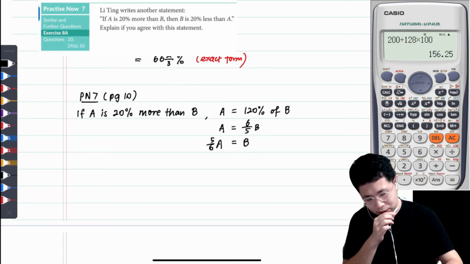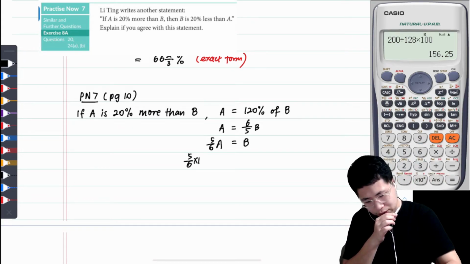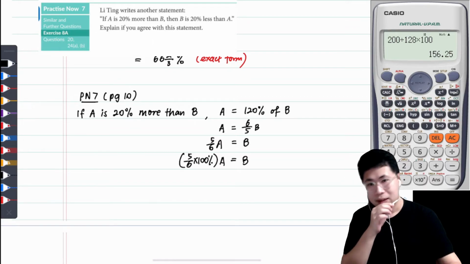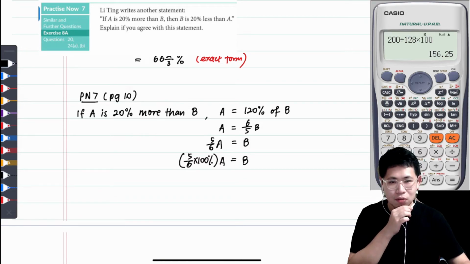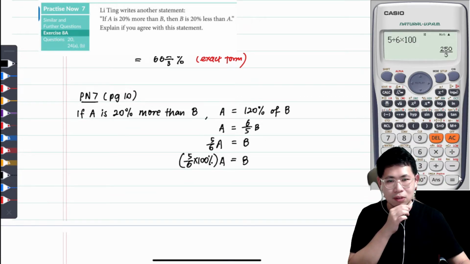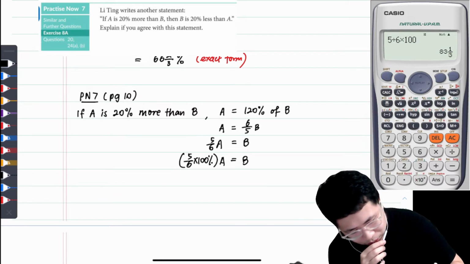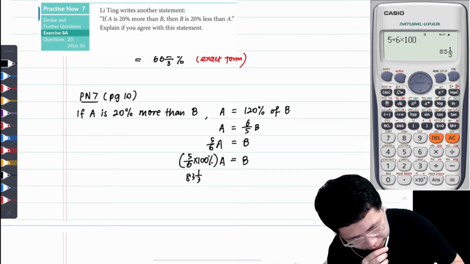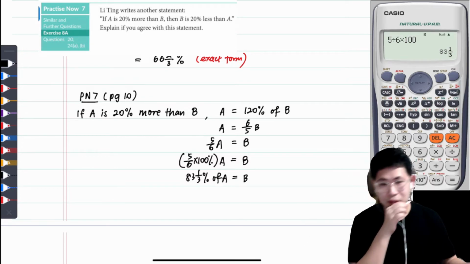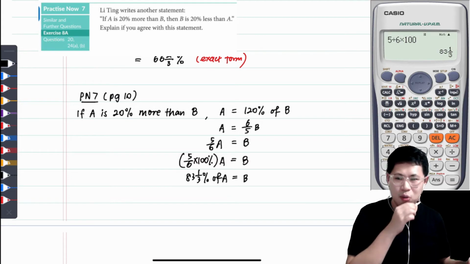Now let me check out the percentage and see. So 5 over 6 times 100% of A is equal to B. So 5 over 6 times 100, let me write in exact form. This will be 83 and 1/3% of A. Right, so B is 83 and 1/3% of A. So is it 20% less than A?